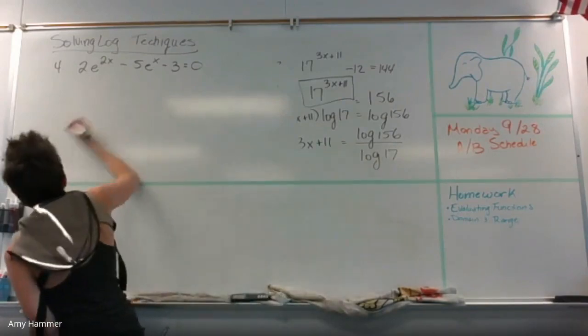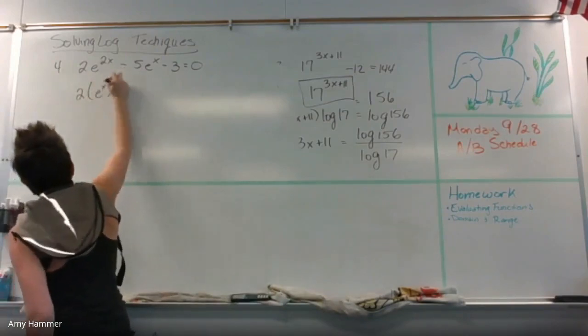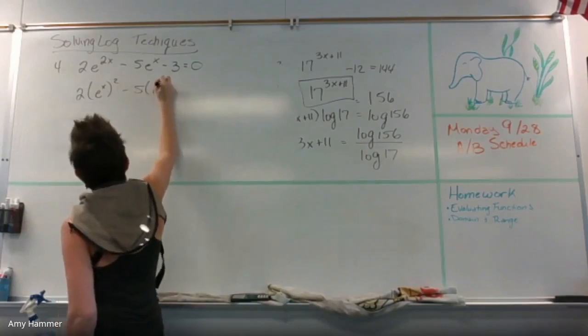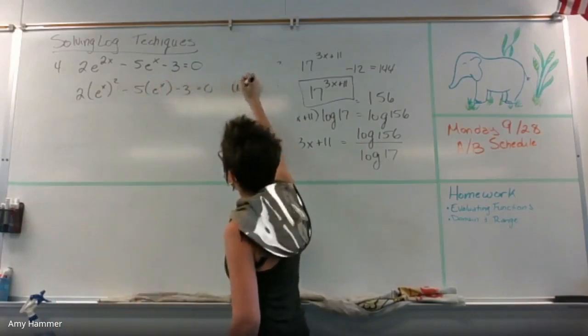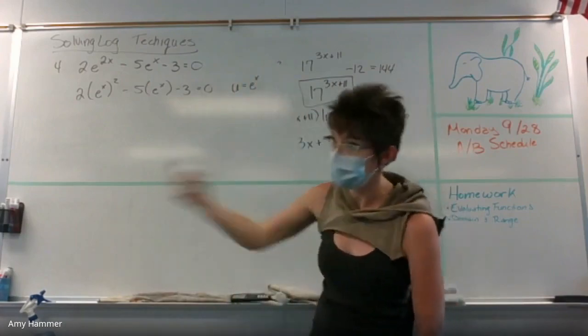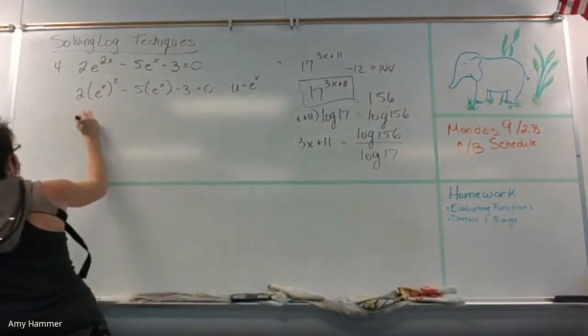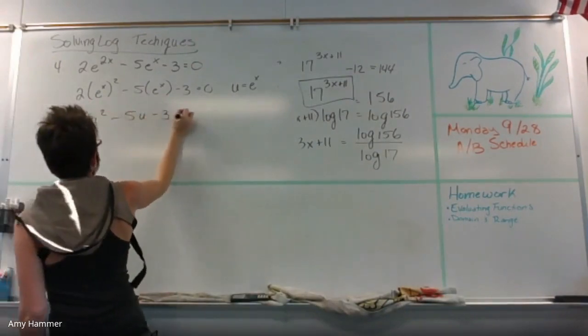Oh, nice. Just need a couple of head nods. This is just e to the x squared. So if I do some kind of u substitution and just let u equal e to the x and keep solving this problem, it's just 2u squared minus 5u minus 3.